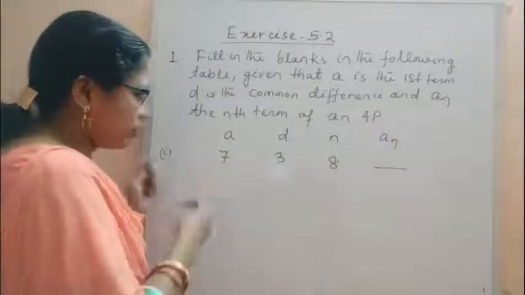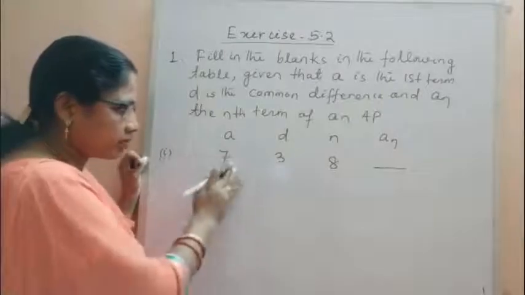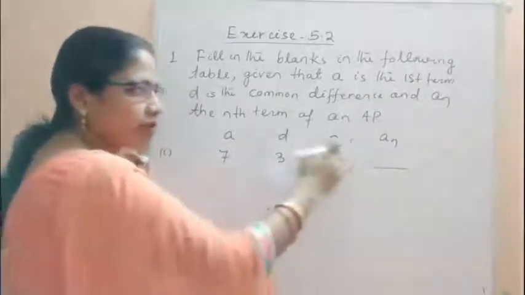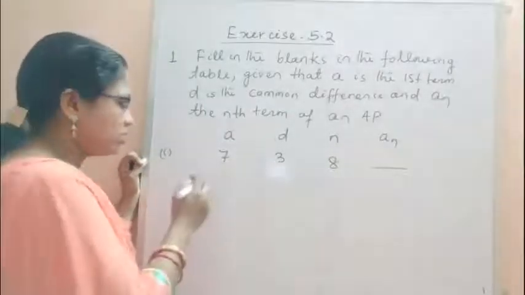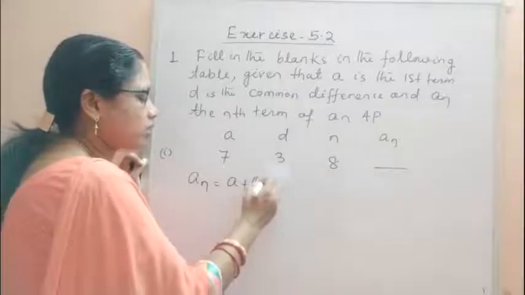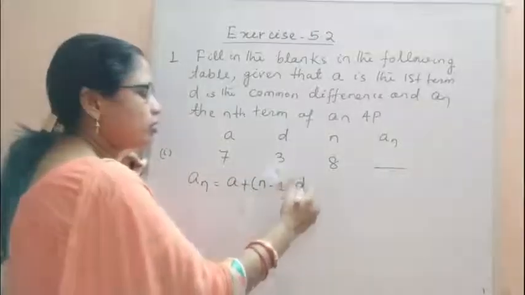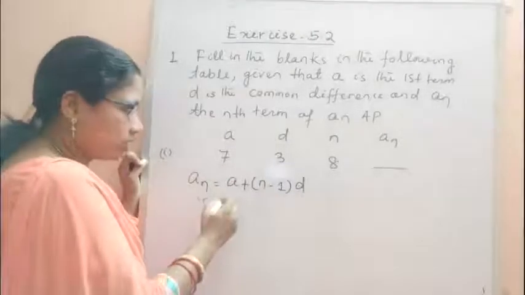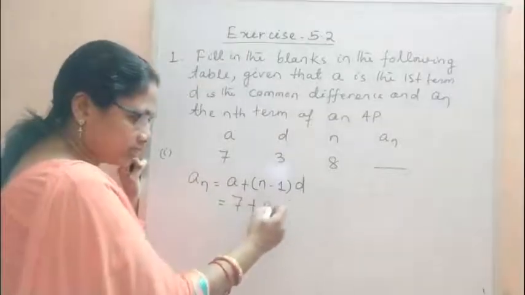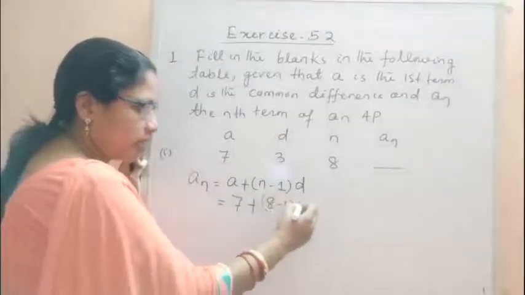So here in the first bit, a is given 7, d is 3, n is 8. We have to find an. So we know an is equal to a plus n minus 1 into d. So here a is equal to 7, 7 plus n is 8, 8 minus 1 into 3.